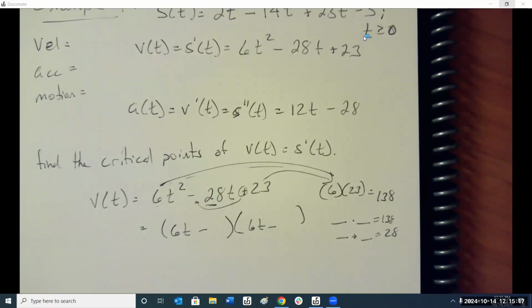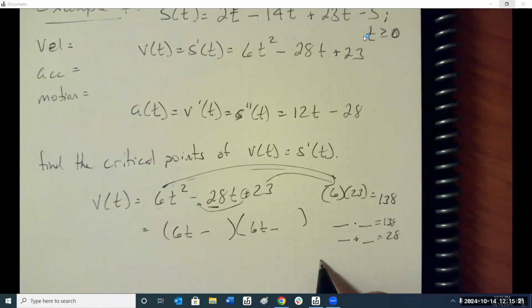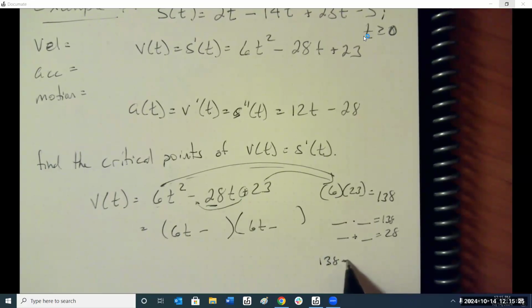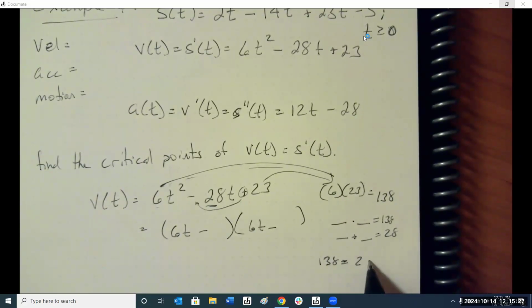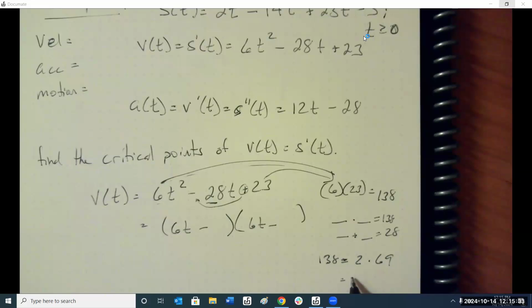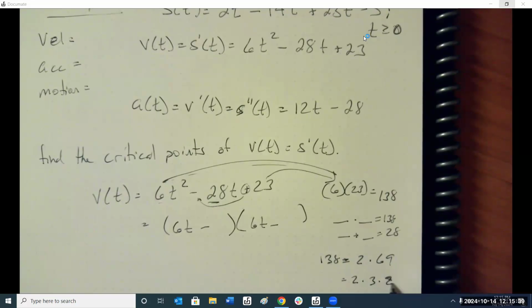We're going to go 2 times 69. 69 is 3 times 23.